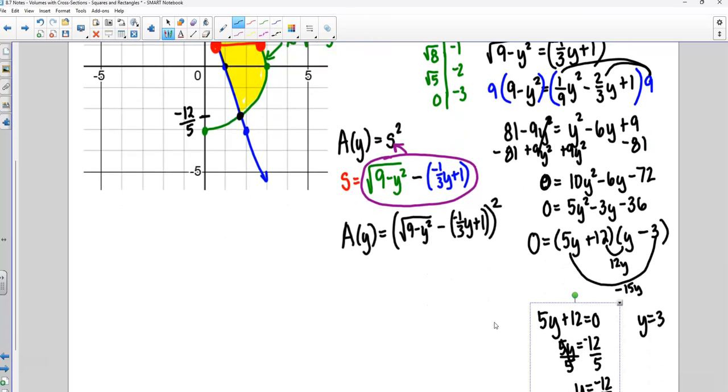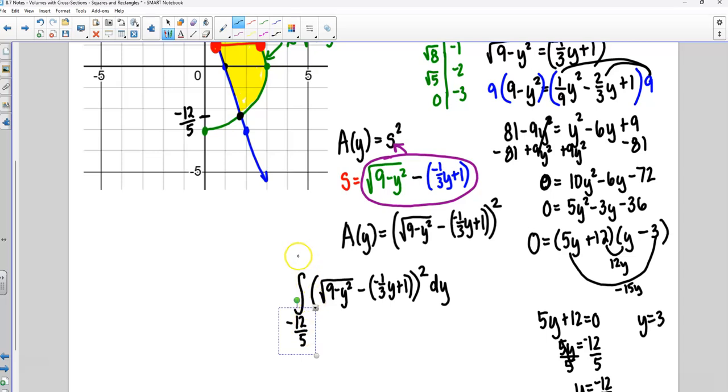And so we don't have to evaluate this one, so we're almost done. We are going to integrate this formula, the square root of 9 minus y squared minus negative 1/3 y plus 1, squared. I'm going to put a dy over here on the end. What is the lower limit for this one? Negative 12 over 5.